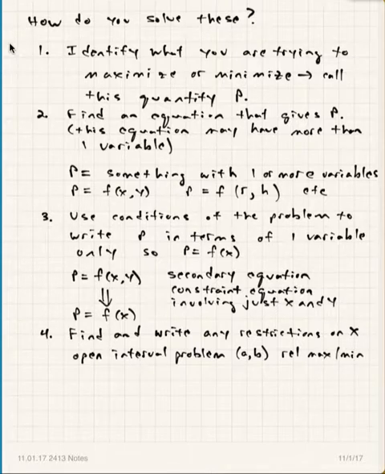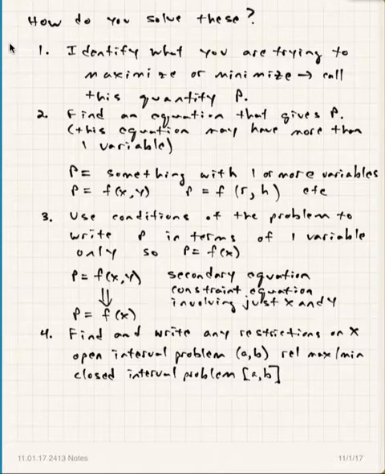But if the problem is a closed interval problem, and there will be some problems we'll identify that are closed interval problems, then this is an absolute max-min problem. In other words, the difference here is that the solution may be at an endpoint.